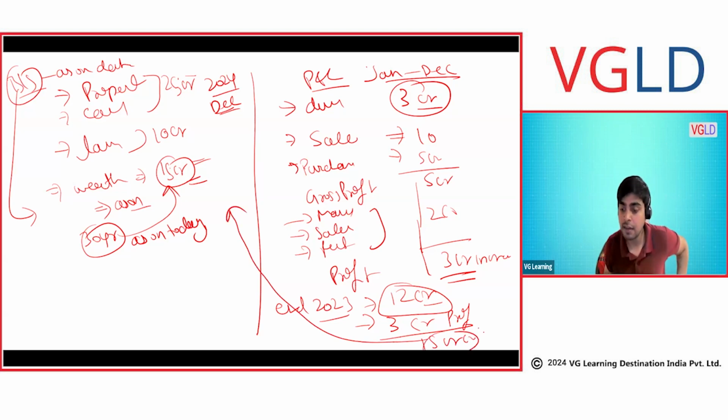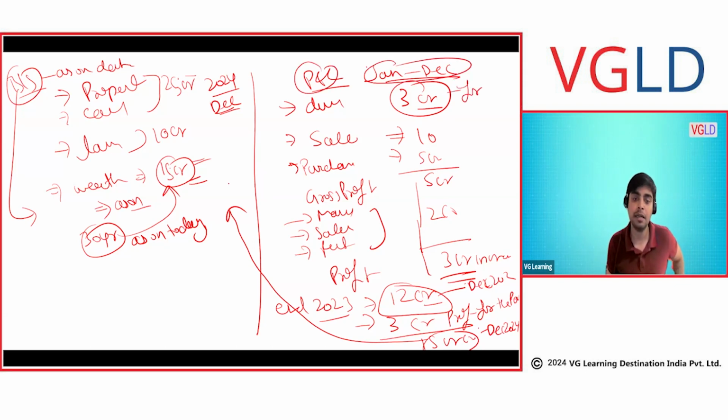So this 15 crore is December 2024. This 12 crore is December 2023. And this profit is for the period. Is it clear, everyone? The profit I made was for the period between January to December.